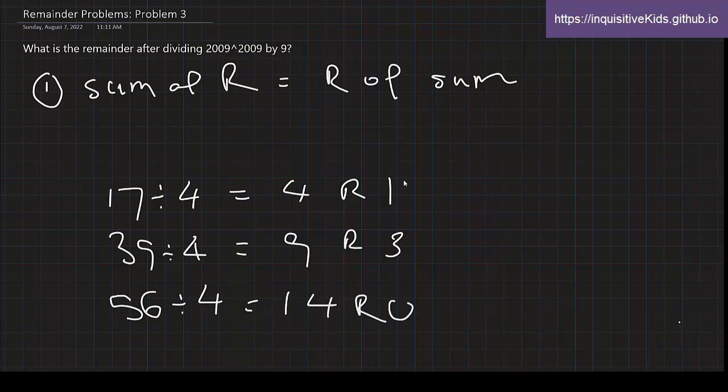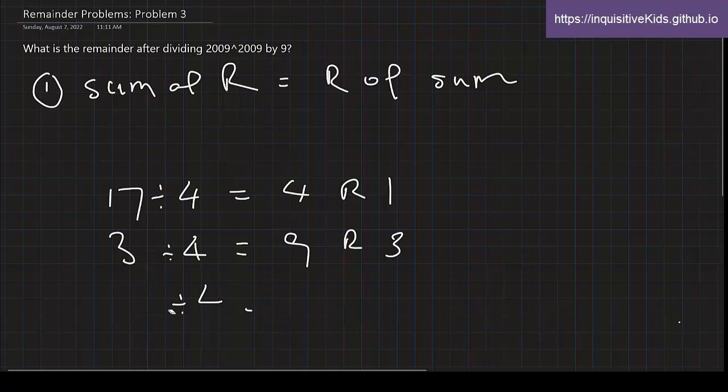As you can see, because 1 and 3 added together is 4, that can make exactly another group of 4, so that's why the remainder was 0. But say even if this was 38, 38 divided by 4 would have a remainder of 2. Now let's add these two together.